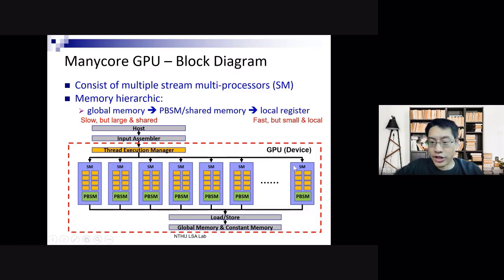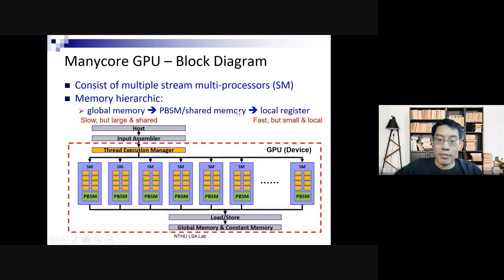A GPU card consists of many streaming processors, and each streaming processor works independently and has many cores. We didn't plot it here, but we will introduce later that those cores come from a set of SIMD processors, which are within the streaming processor. This hierarchy helps us be more scalable because they can work independently.